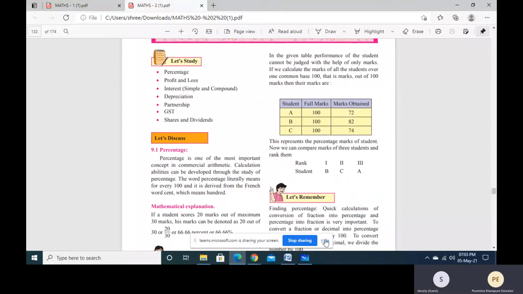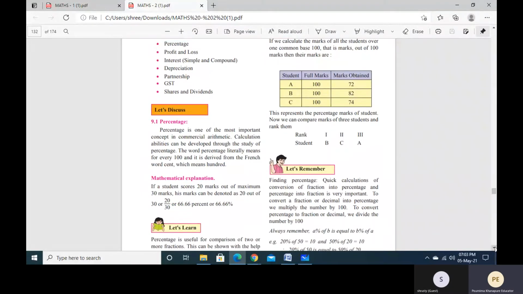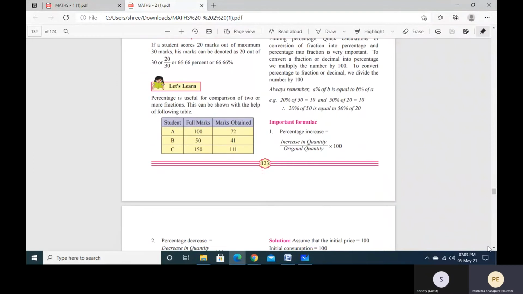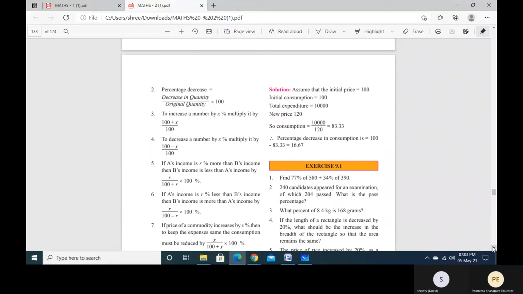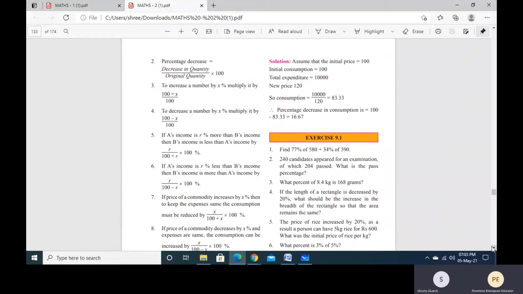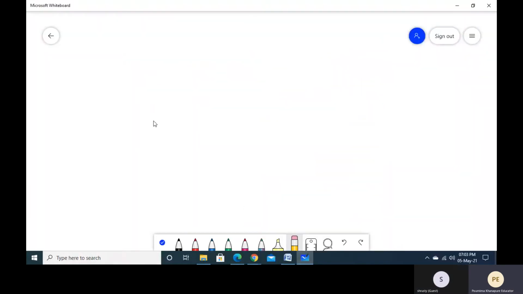So the first thing is we need to see percentage. You know percentage, what is meant by a percentage? Yeah. Okay. Let's say I have 120 rupees. I need to find 20% of this 120 rupees.